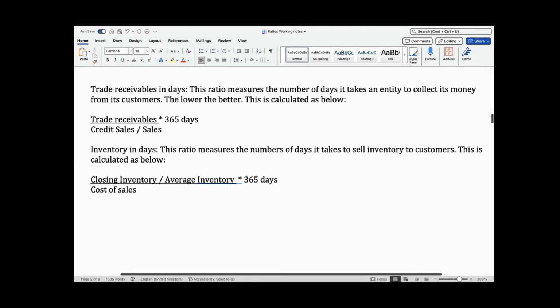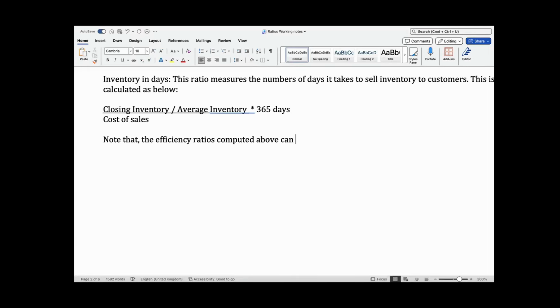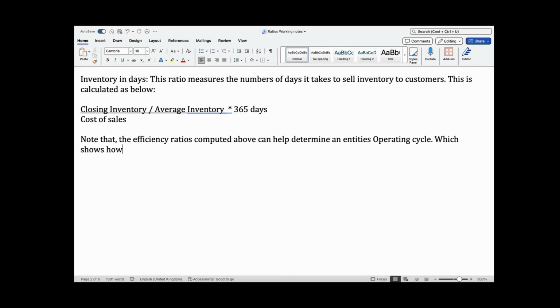So from these efficiency ratios, note that the efficiency ratios computed above can help determine an entity's operating cycle, which shows how long it takes an entity to start and end a transaction.